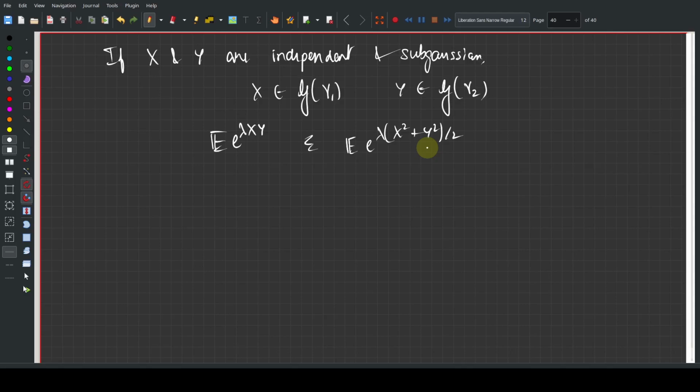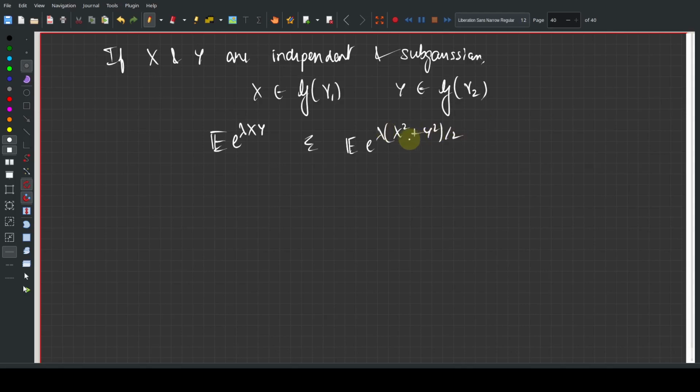Ultimately, I don't know the expectation of lambda x to the power p for all p. I only have a handle on the expectation of e to the lambda x and e to the lambda x squared, but nothing beyond. So I'm not sure a general Hölder's inequality is going to give me anything.